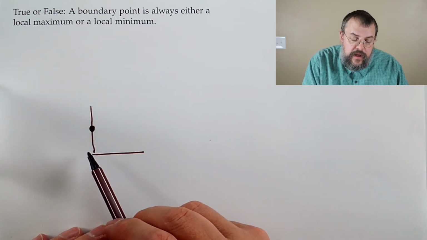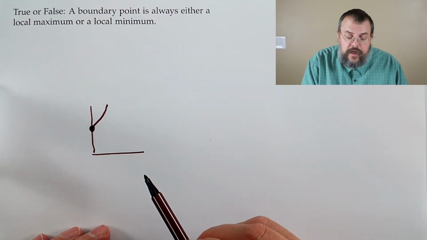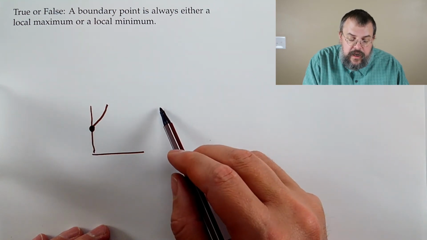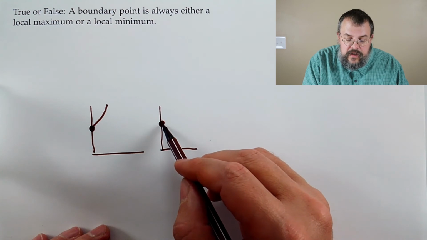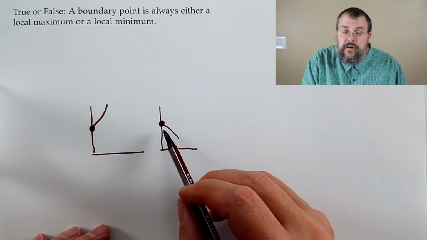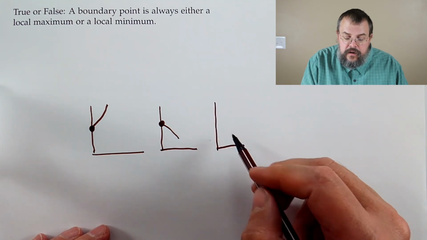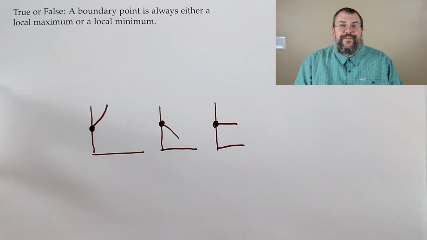Well, it seems there's a couple behaviors. It could go up. All right. If it went up, it's a local minimum, yes. It could also go down, but if it went down, it's a local max. Okay. It could go flat. Now we say, aha, maybe this is the secret.